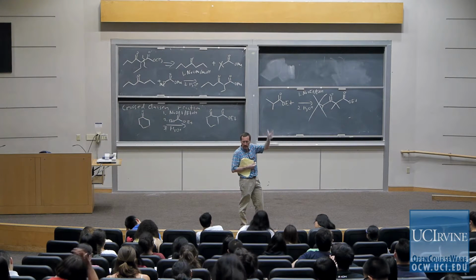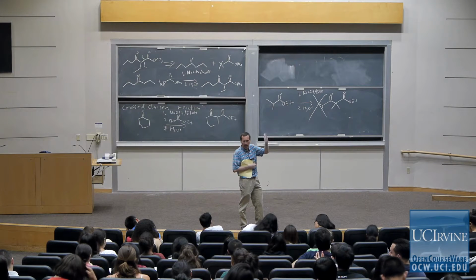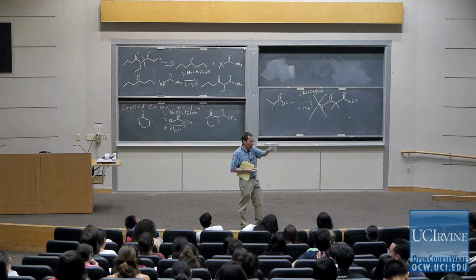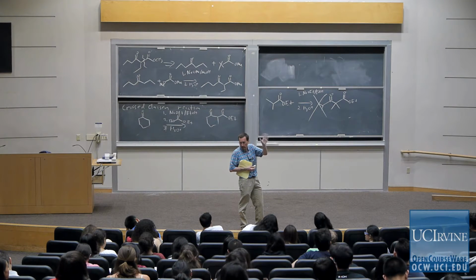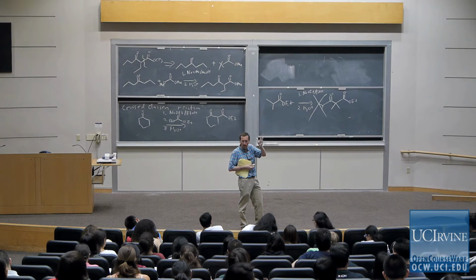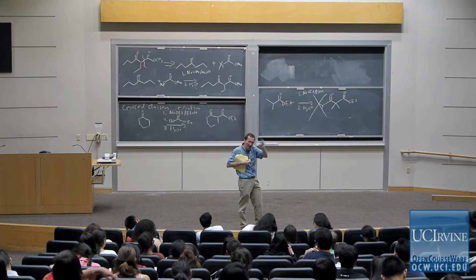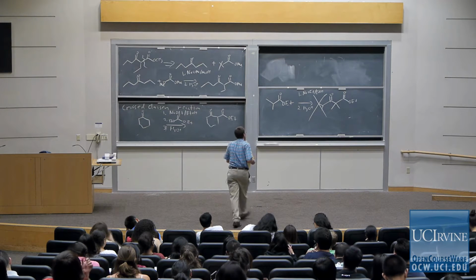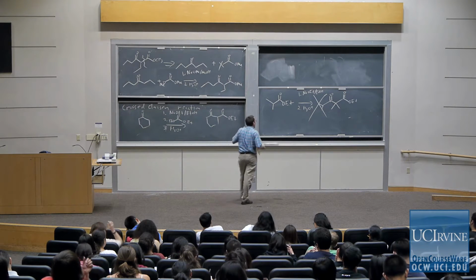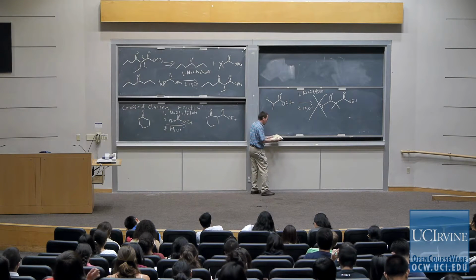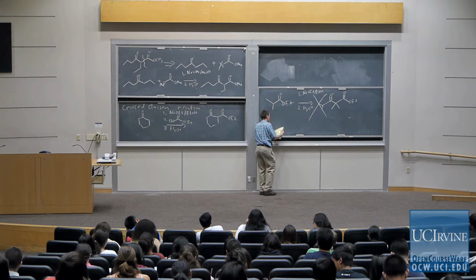A carbon-carbon bond is on the order of 80 or 90 kilocalories per mole. A carbon-hydrogen bond, similar sort of strength, 100 kilocalories per mole, thereabouts. Point is, we're at an energy difference that's about 1/10 of forming bonds. And without that energy, we just can't drive this equilibrating chemistry.